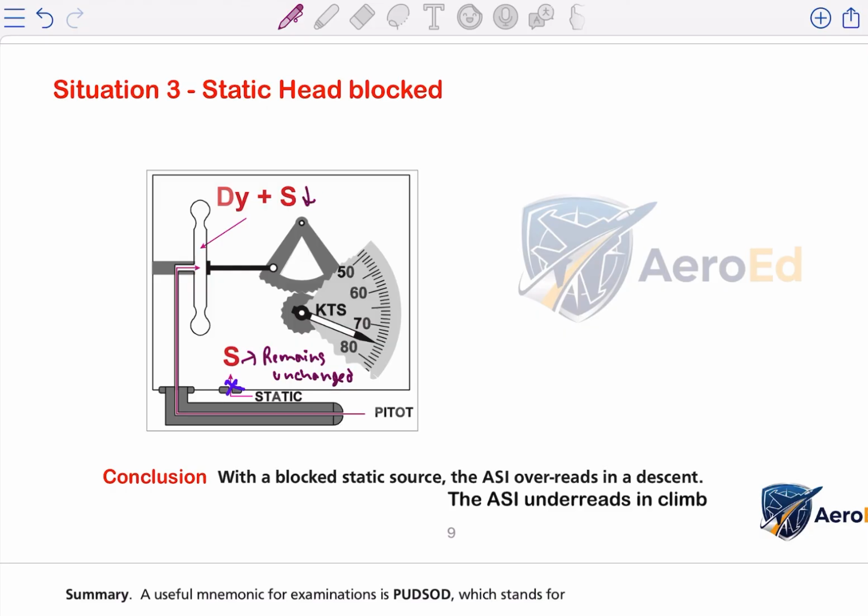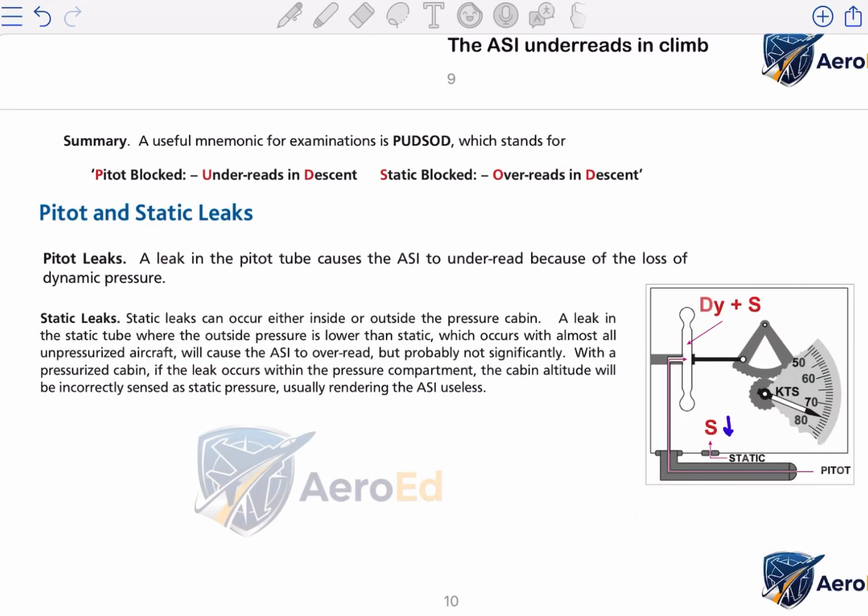So it is comparatively more, and the purpose of the static pressure was to cancel out the static pressure in the capsule, but it does cancel out the capsule's static pressure and also some part of the dynamic pressure, thus causing the ASI to underread, meaning it shows lower than the actual. So in conclusion, it is written, with a blocked static source, the ASI overreads in a descent and the ASI underreads in a climb.